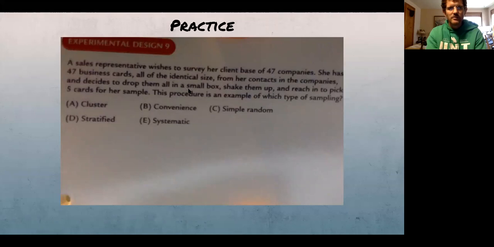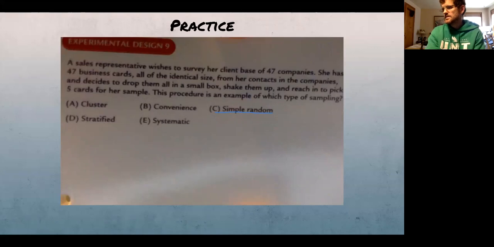She can randomly pull those cards from a hat. That is just a simple random sample. She didn't separate them in any way. And the population is, it says right here, she wants to survey her client base. So that's her population. So it's fair and nothing fishy going on with that.